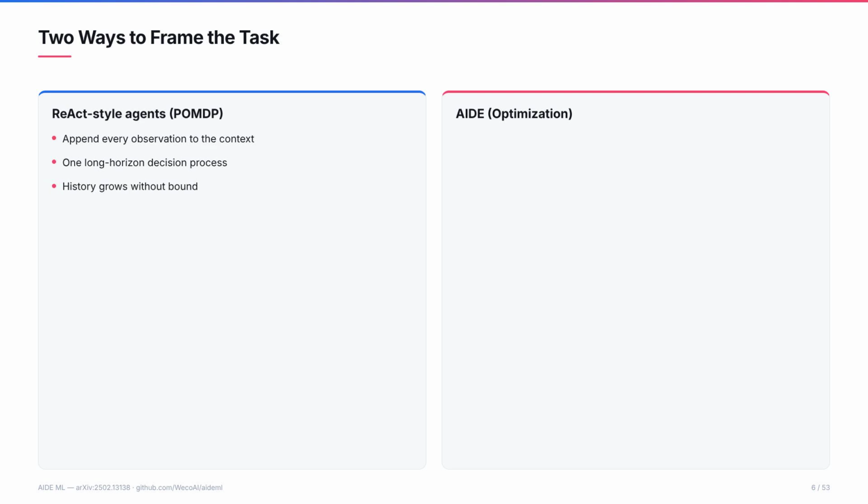That is flexible, but it has no principled way to break the problem down, and the context window eventually fills up. AIDE takes a different route. It models the task as optimization, where each candidate solution is evaluated independently, and the objective is stateless. That single choice is what lets it compare solutions directly and keep prompts bounded.